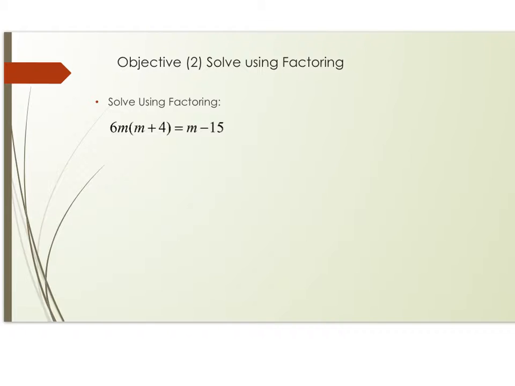So our second objective is solving a quadratic using factoring, but the first step is to get it into quadratic form. That means using the zero principle. So we're going to distribute the 6. We get 6m squared plus 24m is equal to m minus 15.